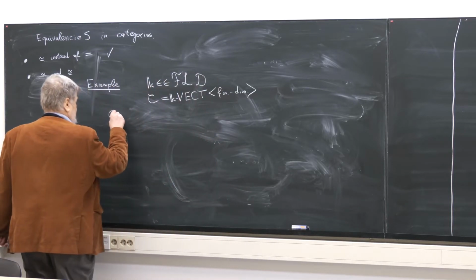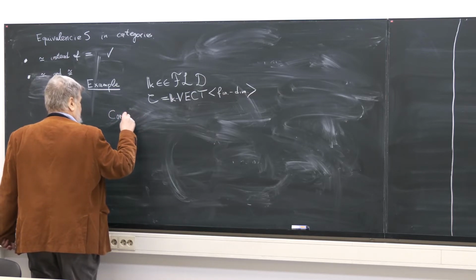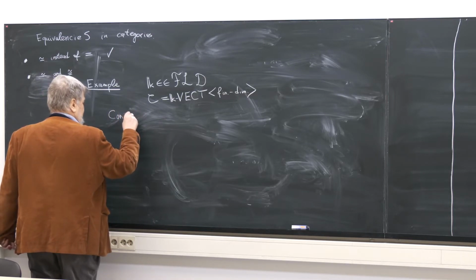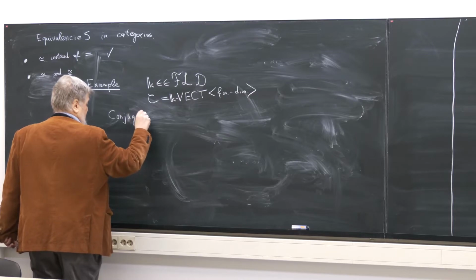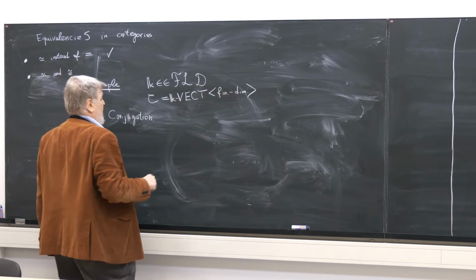So this is our central category, and now, I think the ninth star of today's lecture is the star that is defined in words as a conjugation, or taking the dual space. Now what is it?